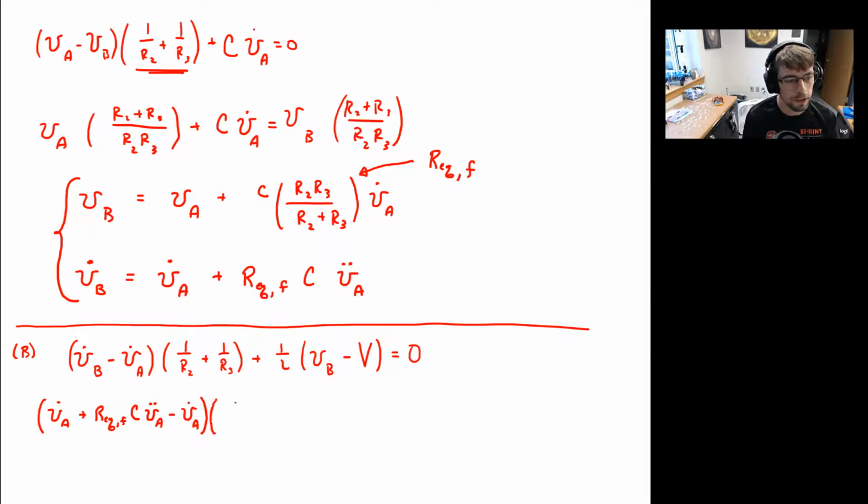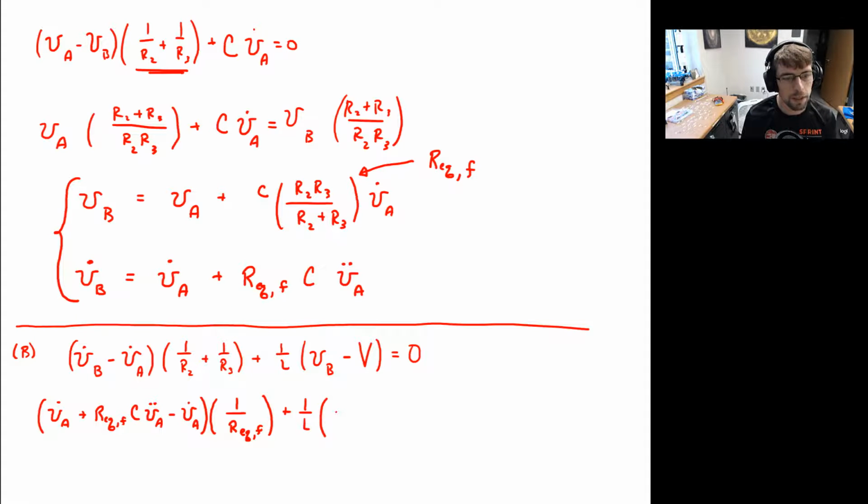The second factor is 1 over REQ final. And then added to it, we have plus 1 over L. And now we take our original expression for VB. So what do we have here?